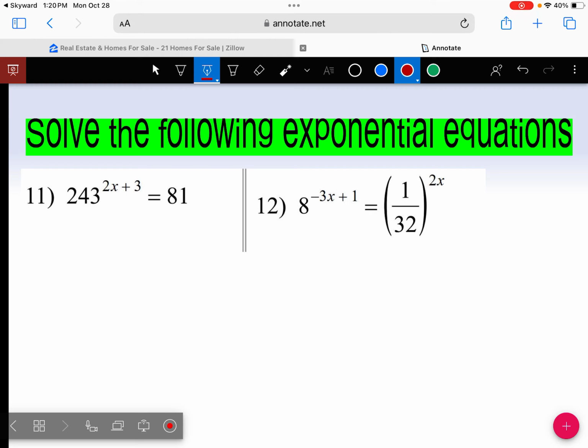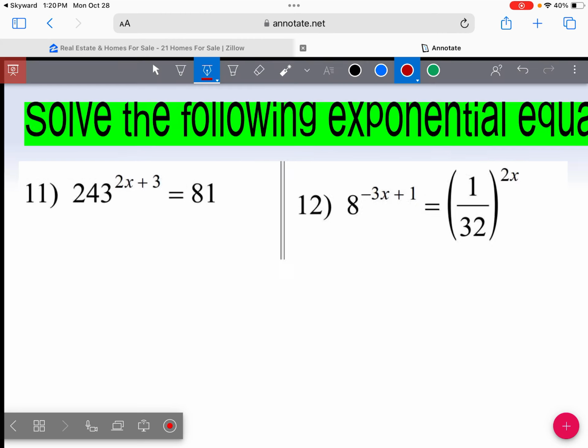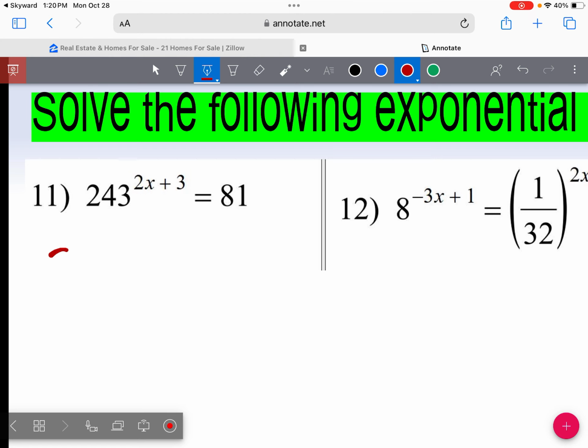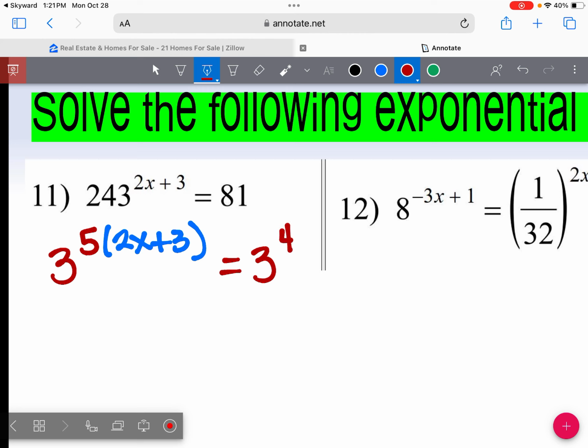Okay, let's go ahead and work through them. Finish it out. So for number 11, you have a base of 3. 3 to the what? How many times do you multiply 3 to get to 243? 5. And then 81 is 3 to the power of what? 4. Drop the 3's.